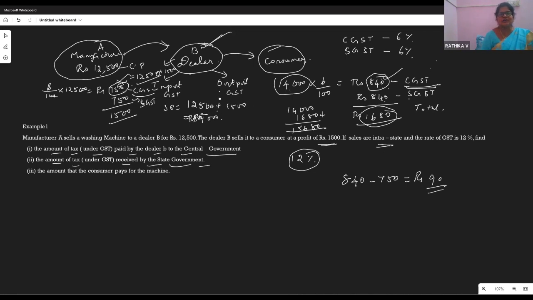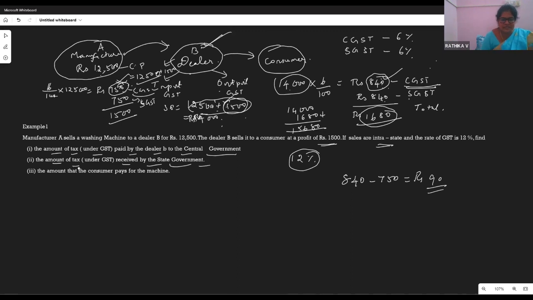So GST will not come under this cost price. The cost price, along with the 6% GST, is separate. He is profiting this 1,500 for himself, and extra to this he gets 90 rupees, which alone he is paying to the central government.